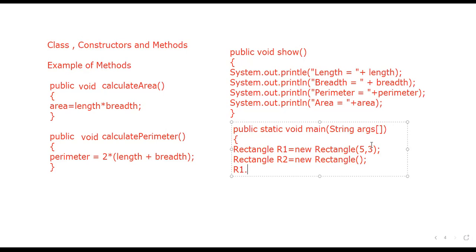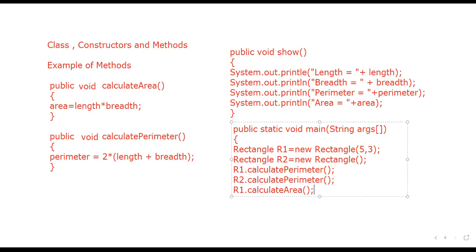Then with r1 we will call the three functions. You write r1 dot calculate perimeter. You are calling this function, then r2 dot calculate perimeter, then r1 dot calculate area, and for r2, r2 dot calculate area.